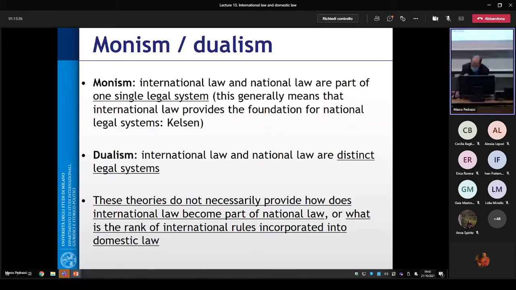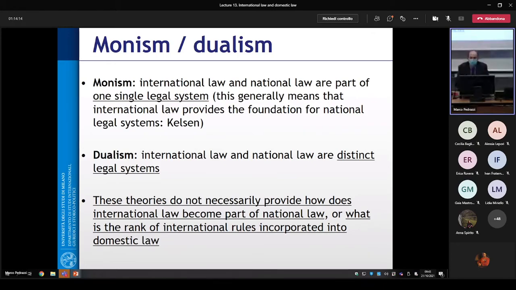On one side, you have the dualist interpretation, which is, I would say, the prevailing one, probably, according to which international law and national law are two distinct, separate legal systems, not interfering with each other. And this is, for example, the approach followed by Italy and by many other countries.